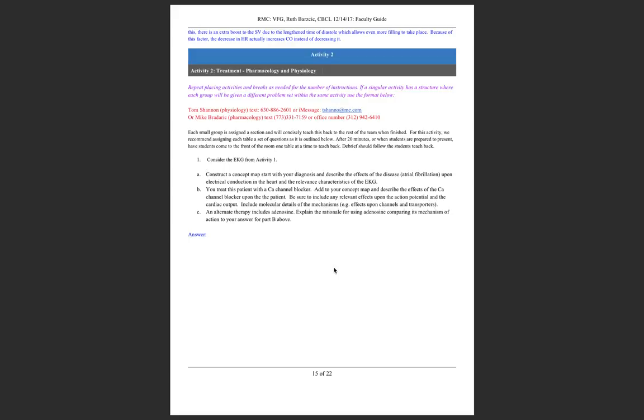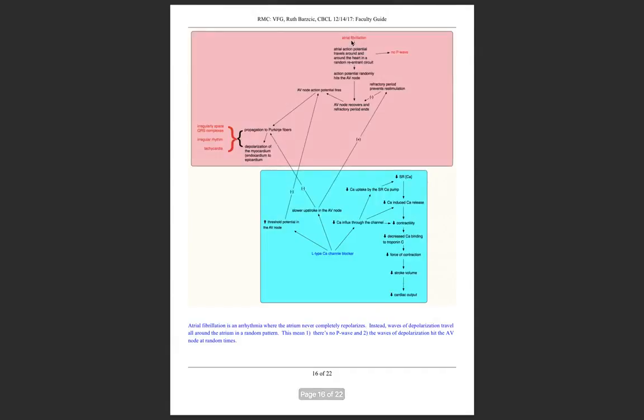I asked them, you can ask either Mike or myself about this. We asked them to construct a concept map that starts with atrial fibrillation and describes basically what the effects are on electrical conduction through the heart and to explain the relevant characteristics of the EKG. So here is my version of this.